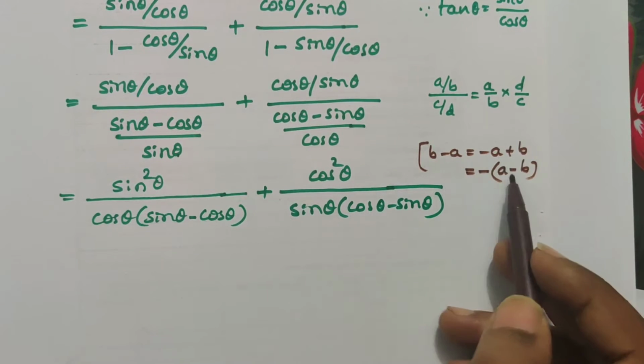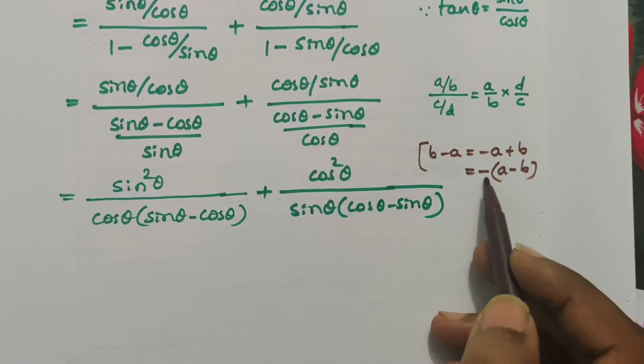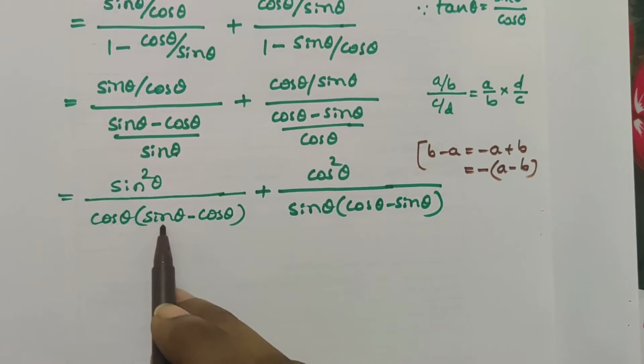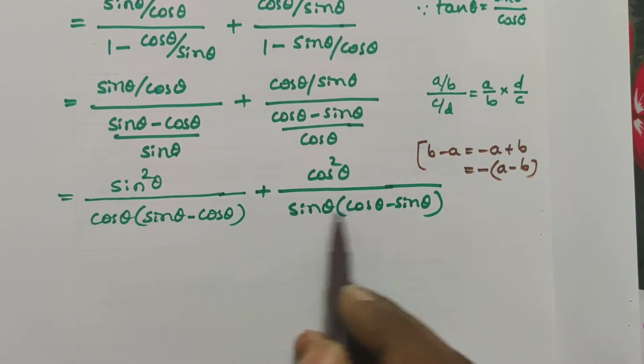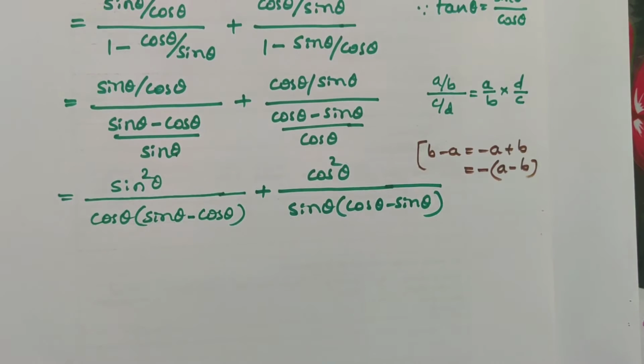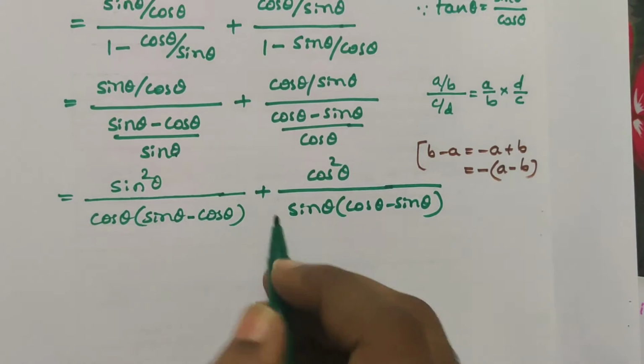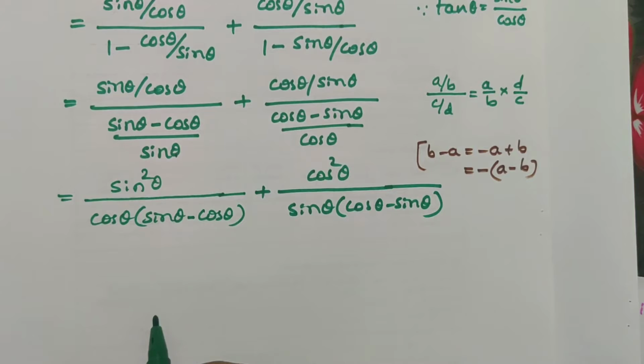See, b minus a can be written as a minus b with a negative sign. Same way here, sine minus cos can be written as cos minus sine, but one change will happen, that means a minus will come here. So this minus and this plus, when you multiply, this sign is going to change.